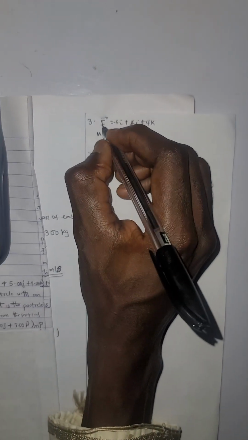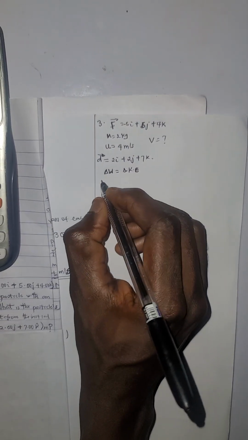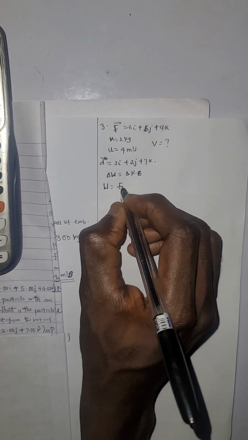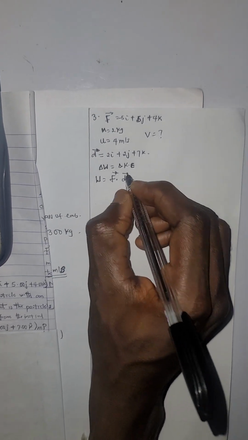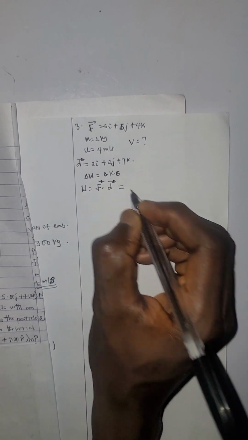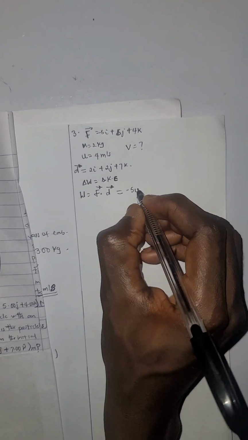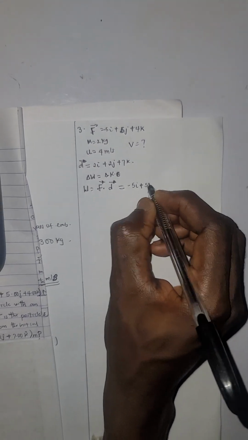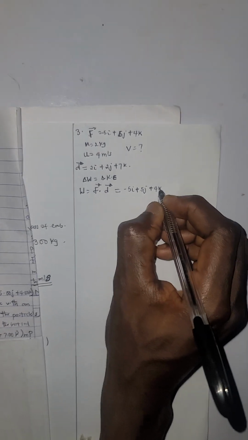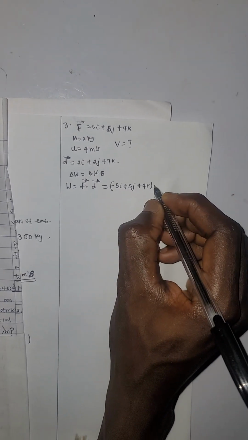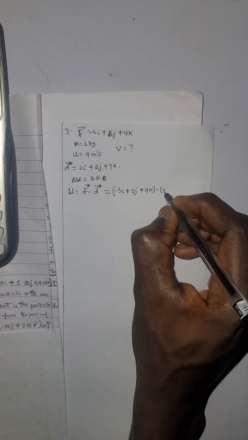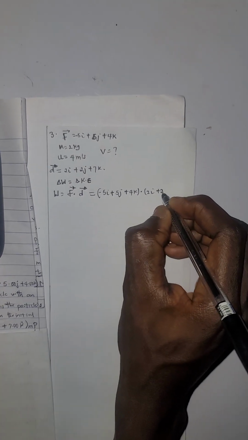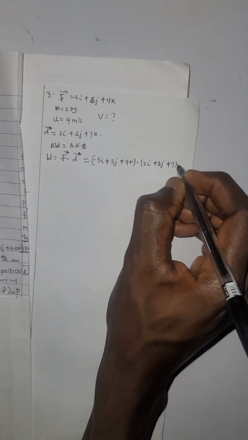So here, let us calculate work done. Work done W will be equal to vector F dot displacement. So this one is going to be minus 5i plus 5j plus 4k dot product, or scalar product, they are the same thing, dot 2i plus 2j plus 7k.